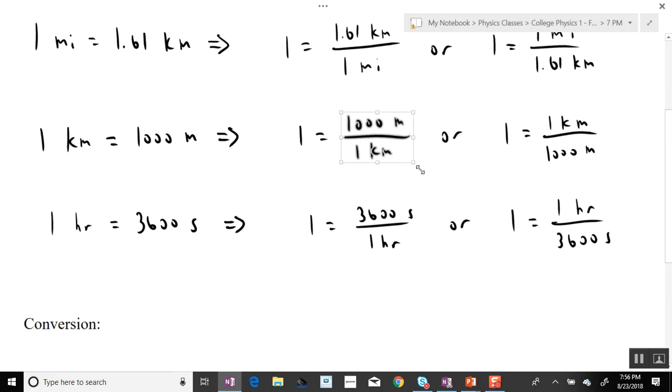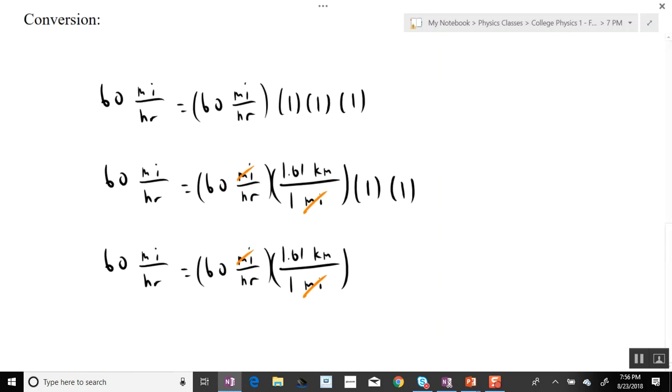The one with the kilometers in the bottom. So when I do that, that cancels the kilometers, right? So now what I have is 60 times 1.61 times 1,000 meters per hour, right? That converts to meters per hour.